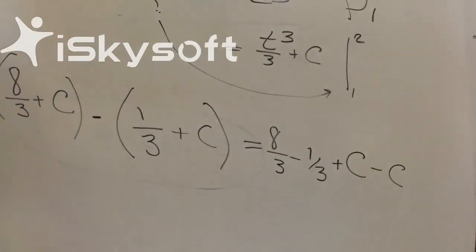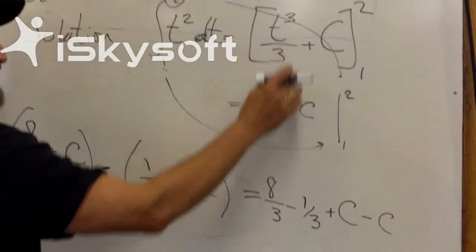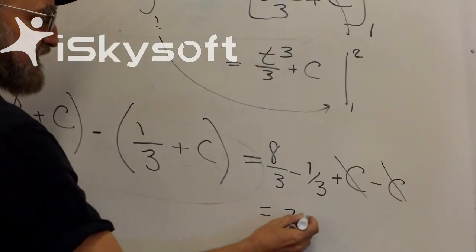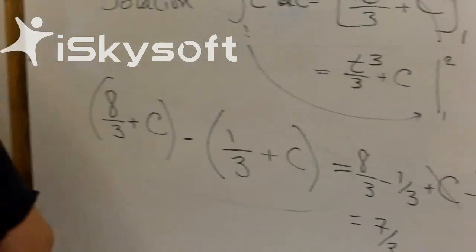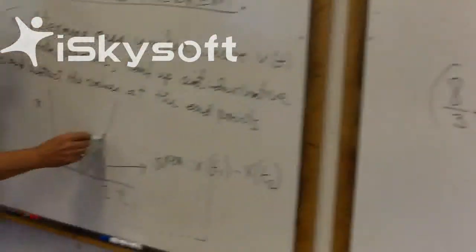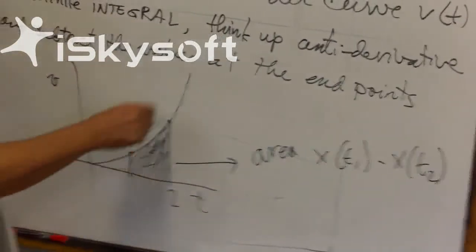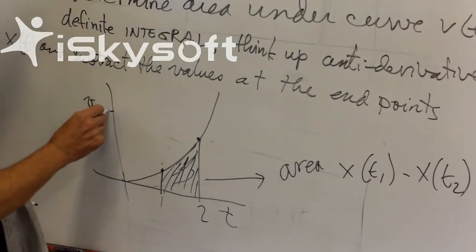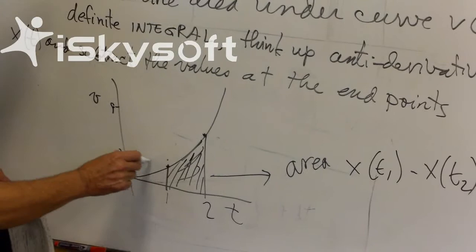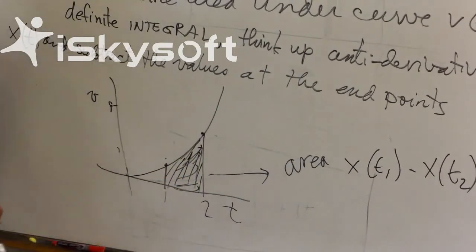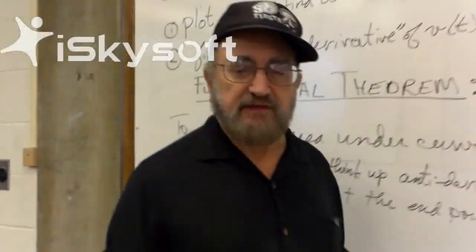When you do the definite integral, the constant that appears in the indefinite integral always cancels out, and this gives us 7/3. So the area under the curve here, if I drew this correctly as just the function t squared, where this would be the value 8 and this the value 1, the area under that curve is 7/3. We'll end right here, pick up in the next lecture.